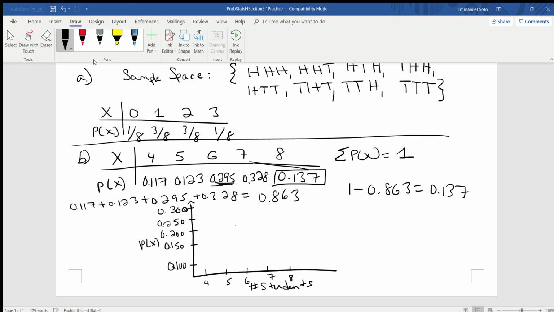Alright, so now we can go ahead and draw it. So for 4 is 0.117, which is a little bit below halfway. 0.123 is about halfway. 0.295 is almost 0.3. 7 is 0.328, so it's above the 0.3 mark.